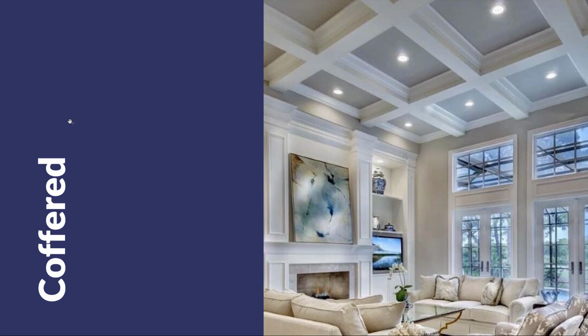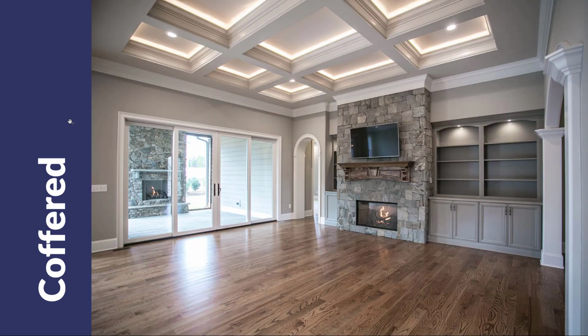And with the coffered look, you're creating these boxes with the trims and molding pieces, and then often there's lighting in between. Okay, so here you see another example that's similar, painted white, lighting in between, but then there's also that strip of lighting in each of those boxes.